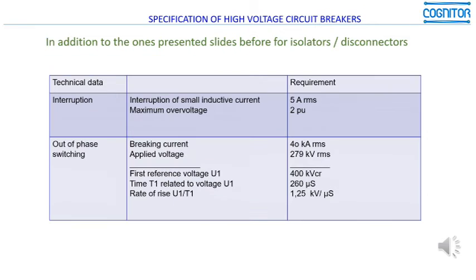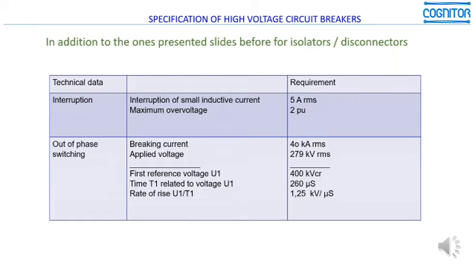I said before, for the interruption of small inductive currents, for out-of-phase switching. Out-of-phase switching is when you have one circuit breaker which is, let's say, in the interconnection of two different systems. The circuit has voltage on both sides, fed by different sources. And in the case of a short circuit, eventually you may have a loss of synchronism.